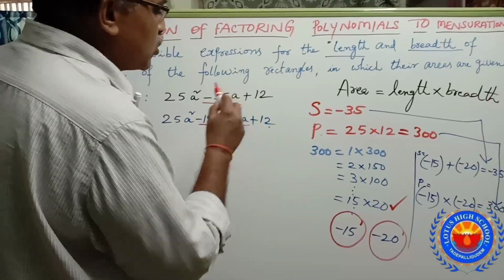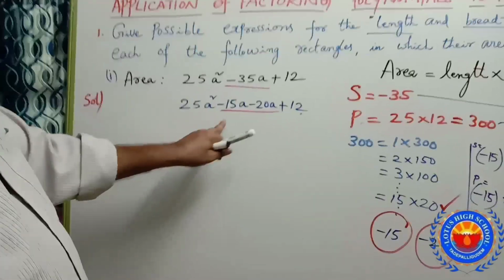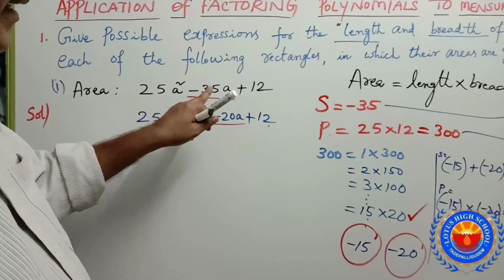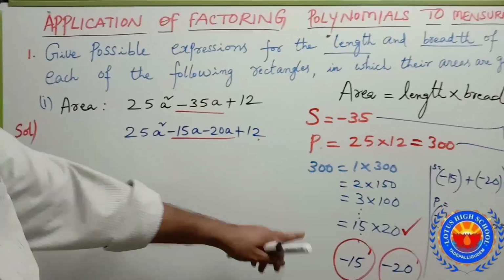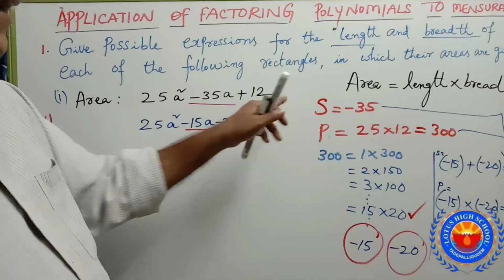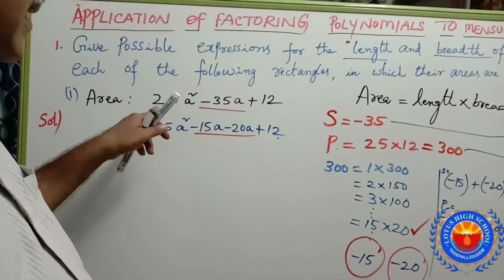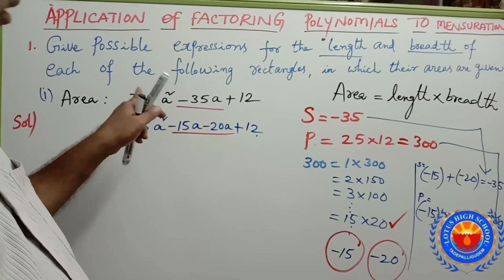Minus 15a minus 20a is nothing but minus 35a. If you multiply these two, minus 15 into minus 20, that is nothing but 300. Why? Because the product is nothing but 25 into 12.